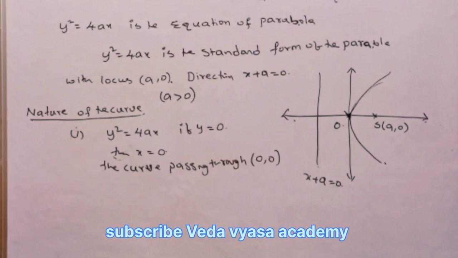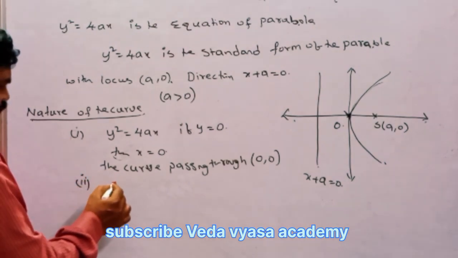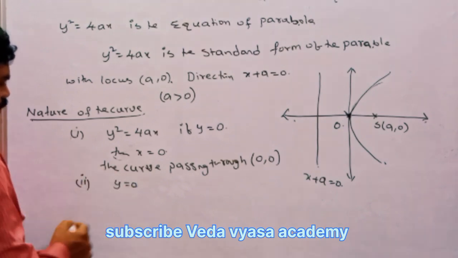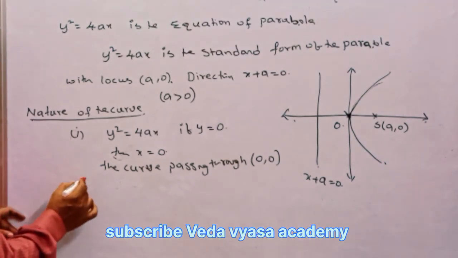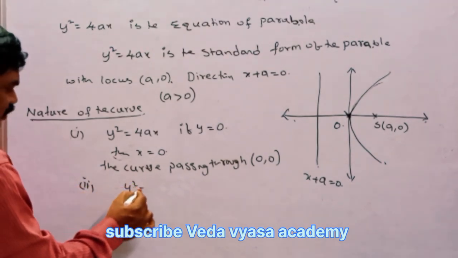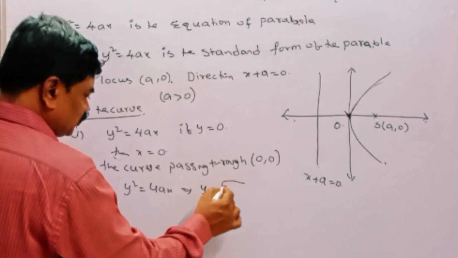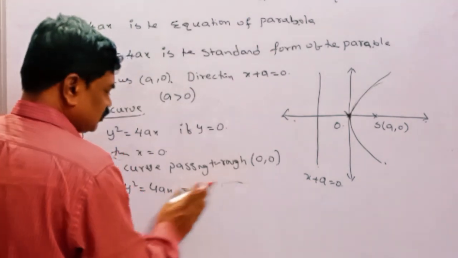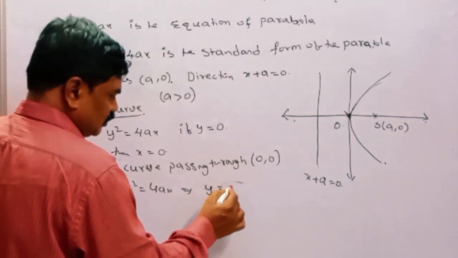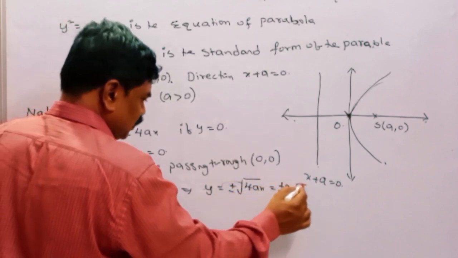Second one: take y is equal to 0, then this is also passing through the origin. And y square is equal to 4ax implies y is equal to plus or minus root 4ax, which is plus or minus 2 root ax.